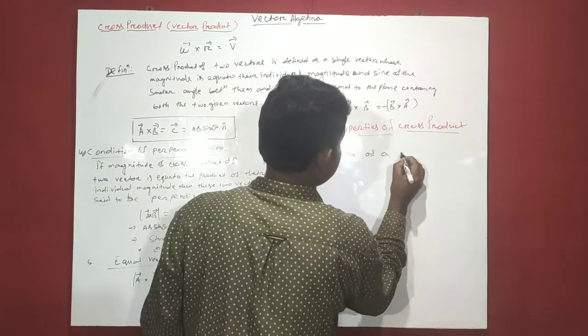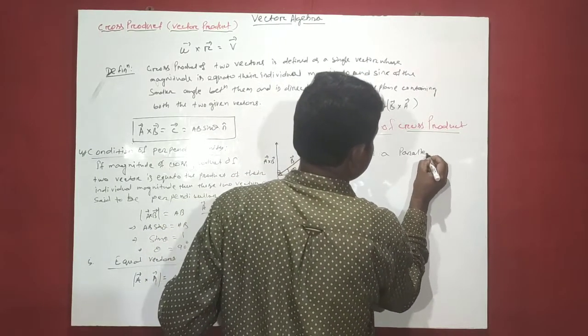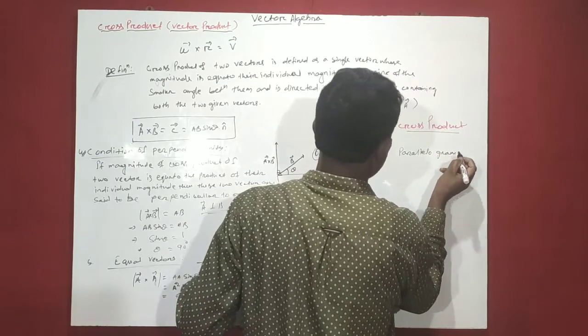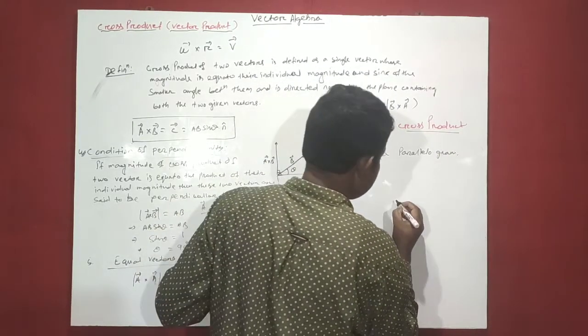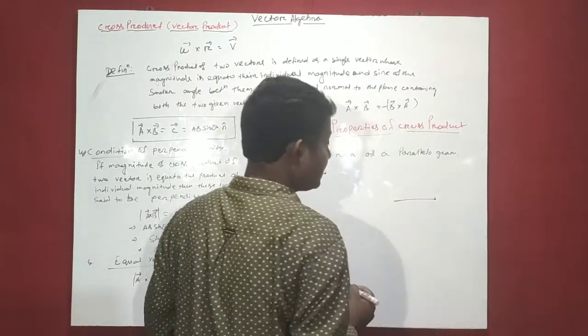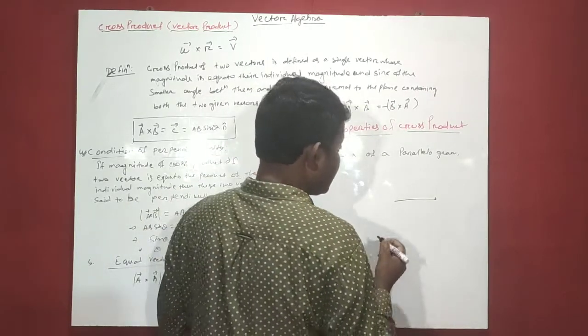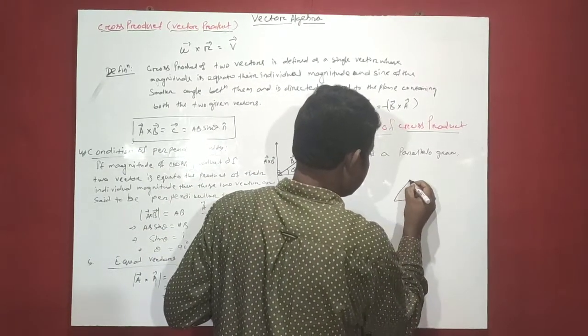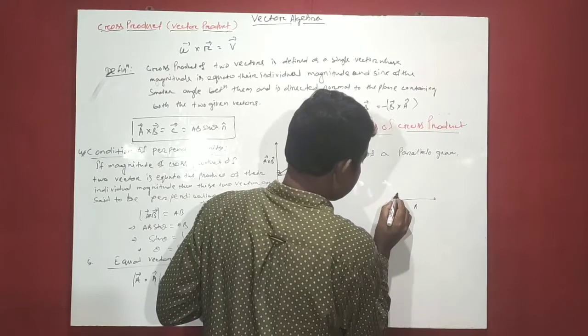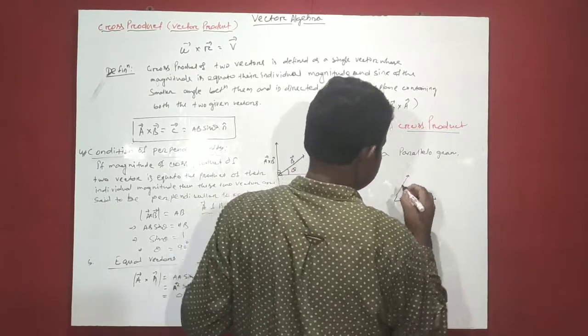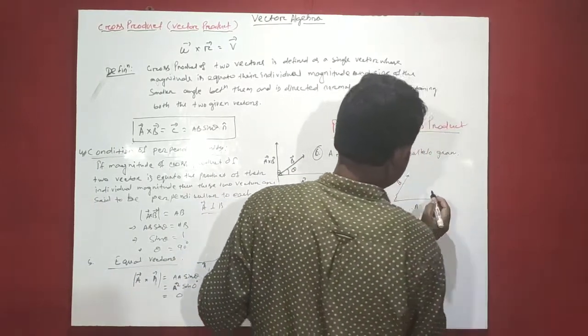So guys, let's prove the area of a parallelogram. Let this be the A vector and this be the B vector.